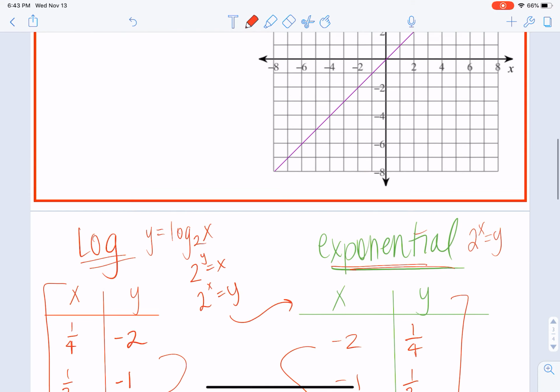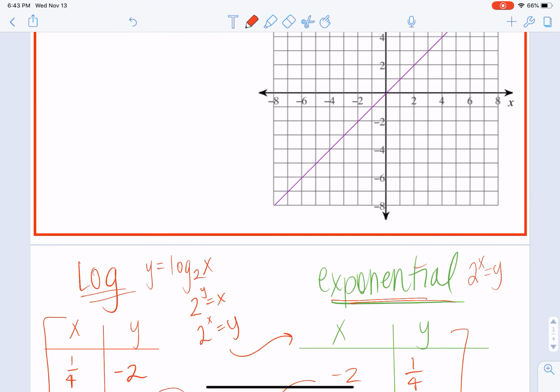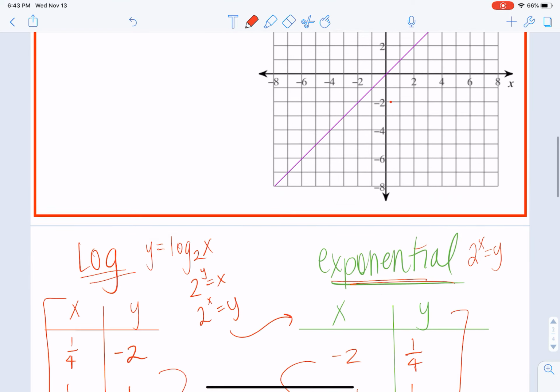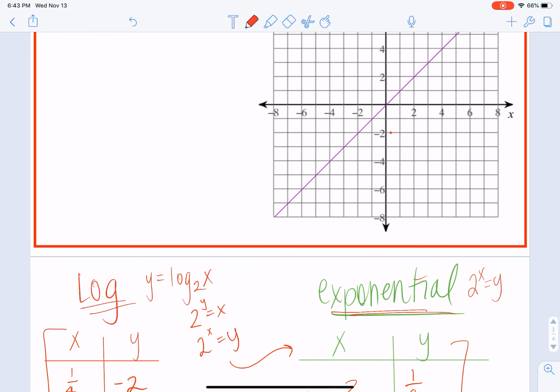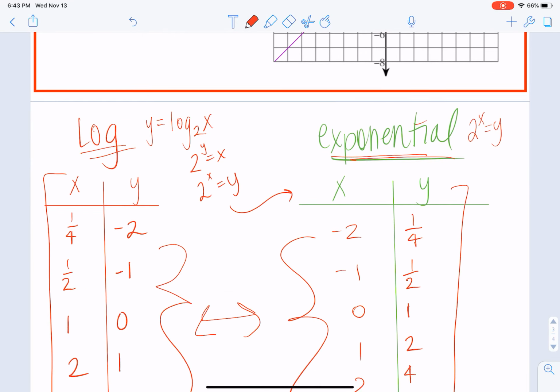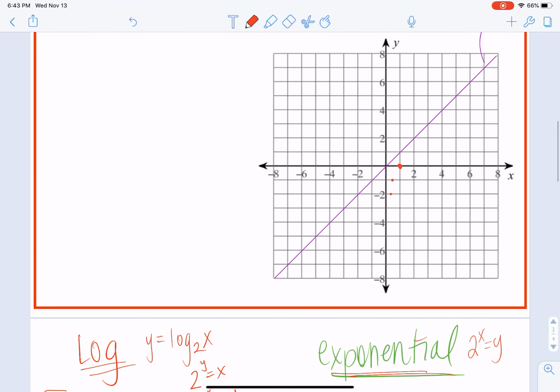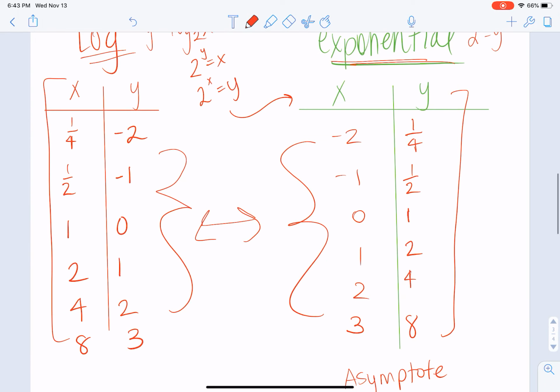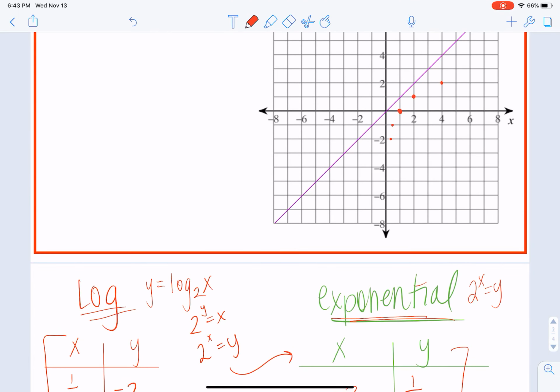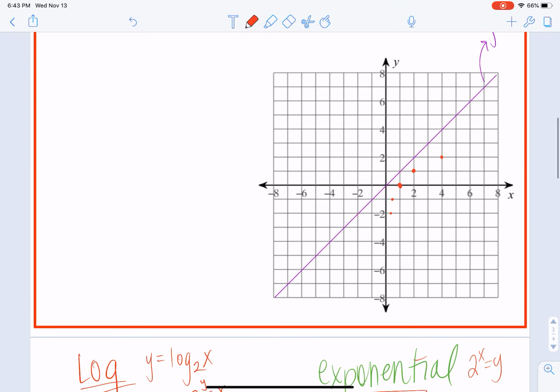So I can plot 1/4 comma -2, then 1/2 comma -1, then over 1 and up 0, over 2 and up 1, over 4 and up 2, and over 8 and up 3.